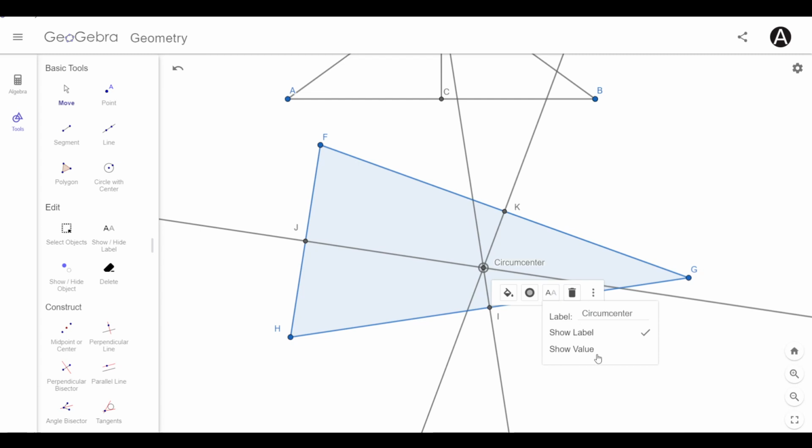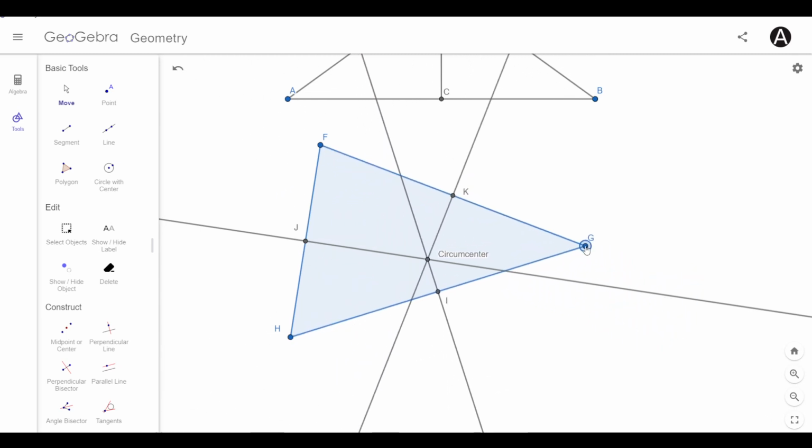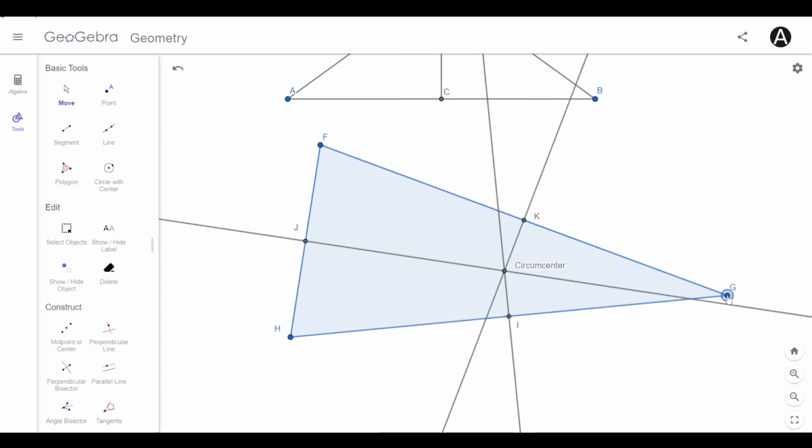It is cool. All right, so that point right there is the circumcenter. Everybody got that? This thing keeps beeping on me, so I'm going to change that. So this is the circumcenter right here. Even if I change the shape of the triangle, the circumcenter is always the intersection of the three perpendicular bisectors.